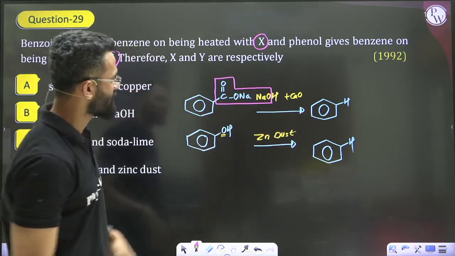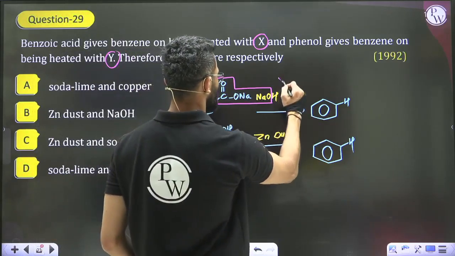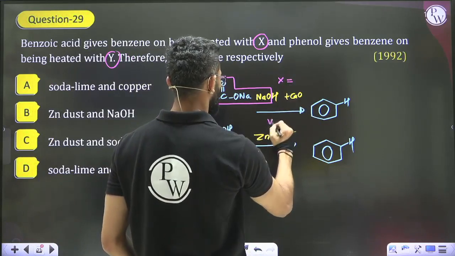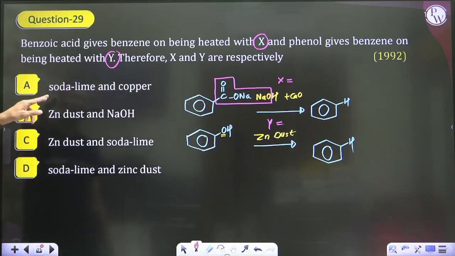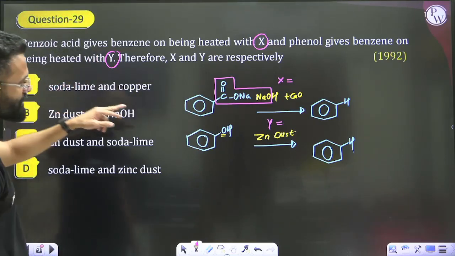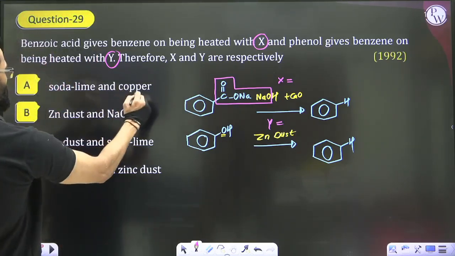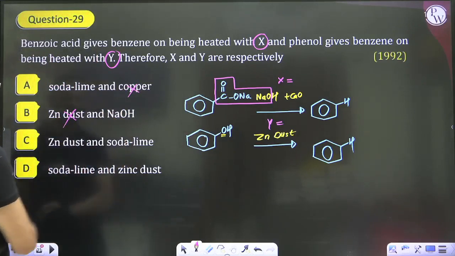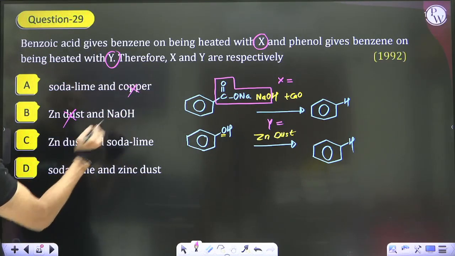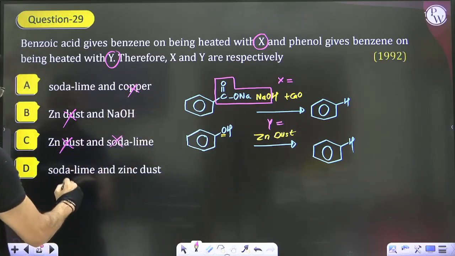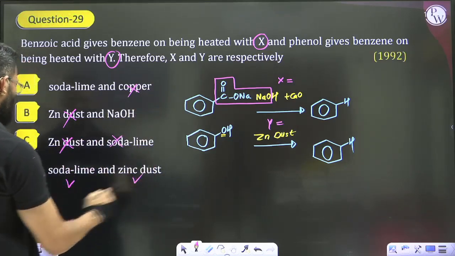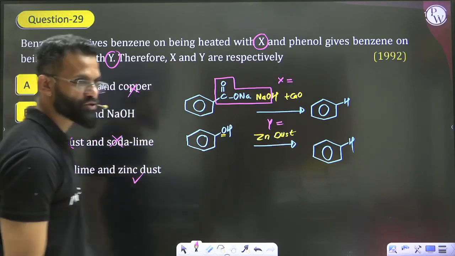So of the two reagents, X is soda lime, NaOH plus CaO, and Y is zinc dust. So this is not our choice. Zinc dust first, no, not our choice. X and Y respectively, this is also not our choice because X has to be soda lime and then Y has to be zinc dust. The right choice is option D.